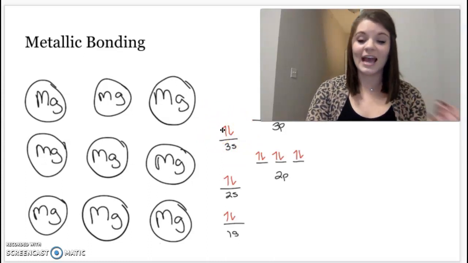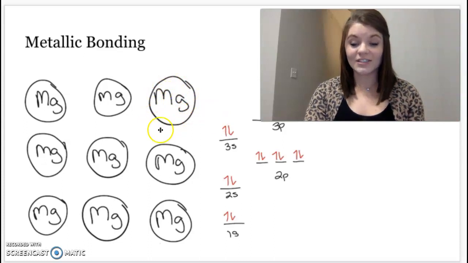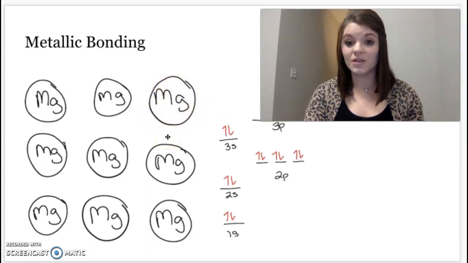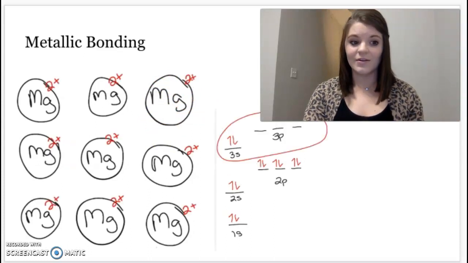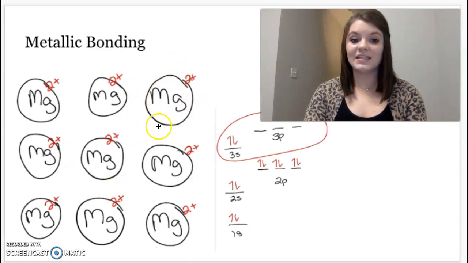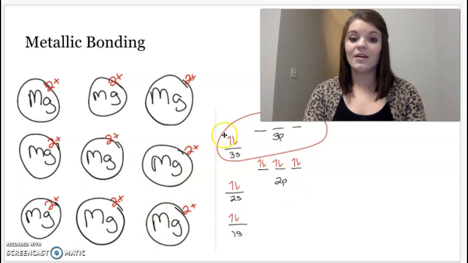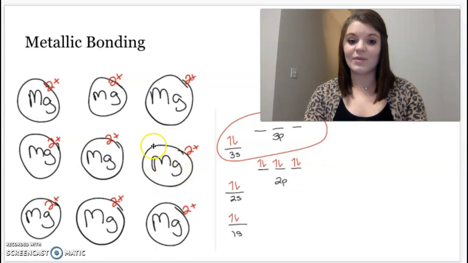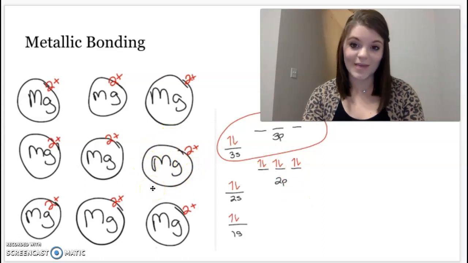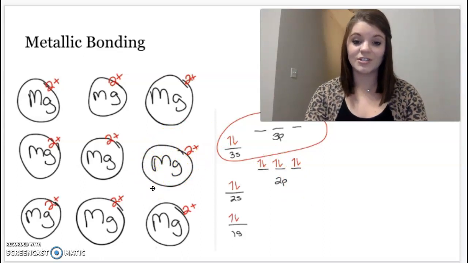Each atom in that crystal structure is going to lose those valence electrons, making each atom positively charged depending on how many electrons it lost. For magnesium, we lost 2 electrons, so it has a positive 2 charge.